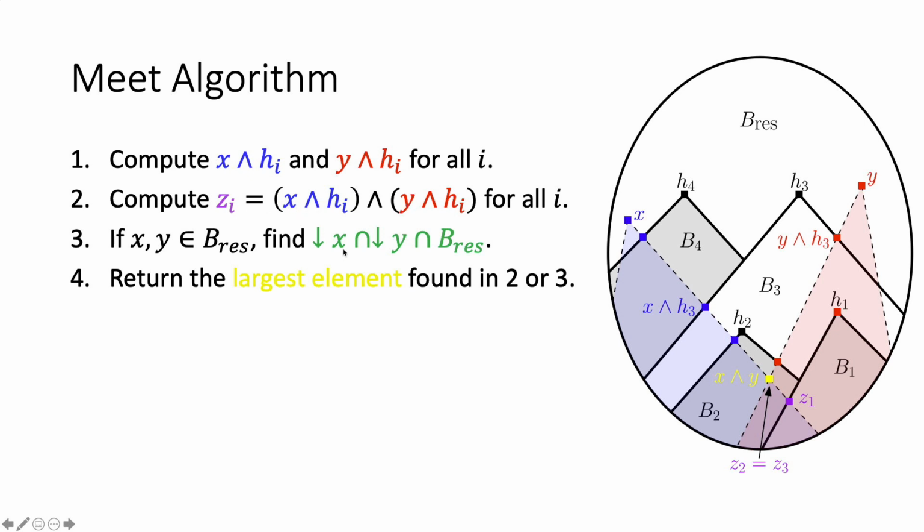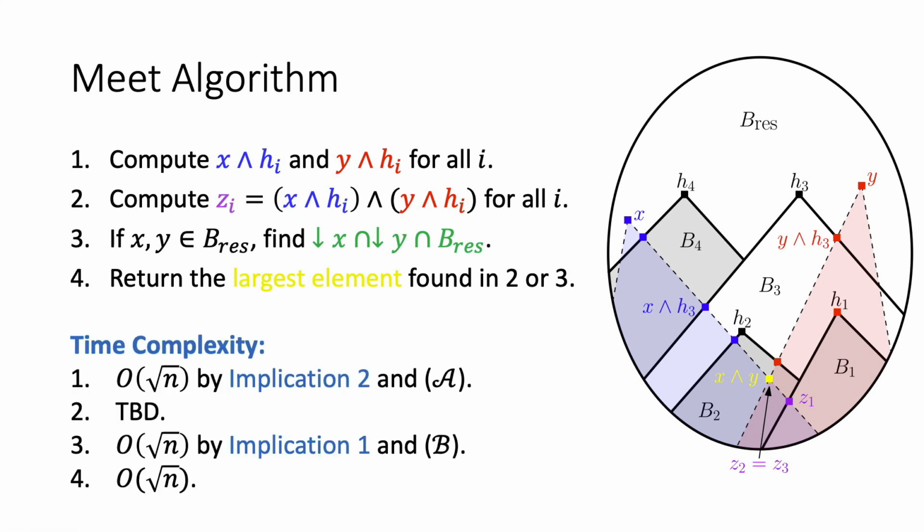Similarly, in step 3, it's pretty clear everything is going to be below both x and y. And then if the elements are below x and y, and the true meet is part of the set, then by the definition of a lattice, all these other elements must be below the true meet. Therefore, the true meet must be the largest element. Okay, let's analyze the time complexity.